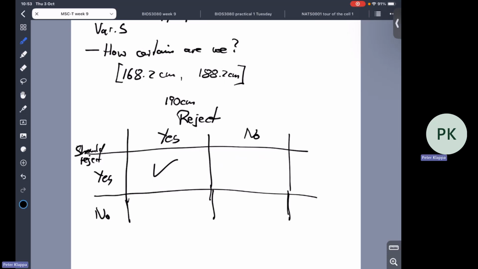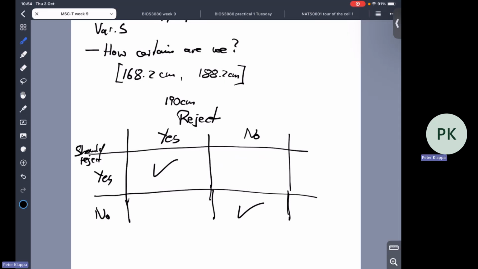If, however, I said the truth, I did pay, and the bouncer is not sure, rejecting would be right here as well. Don't reject me and say, hop in, help yourself. That would be the ideal scenario, right?